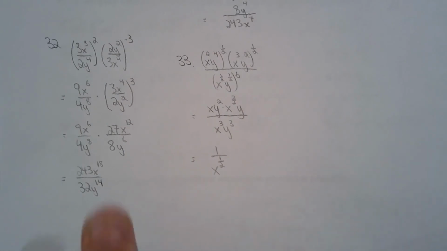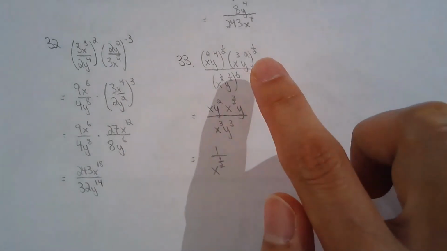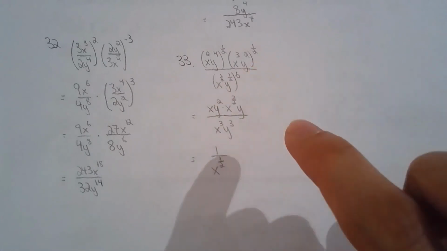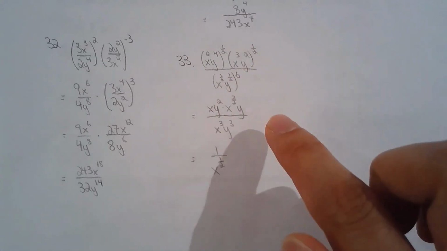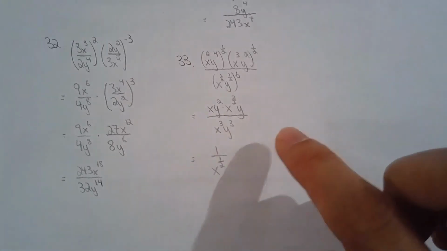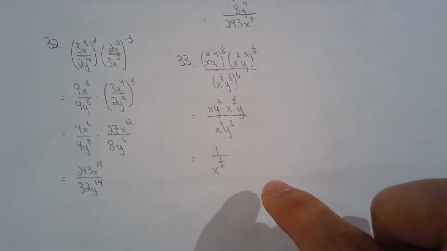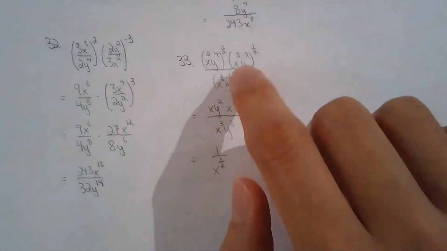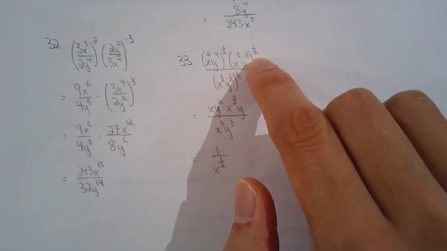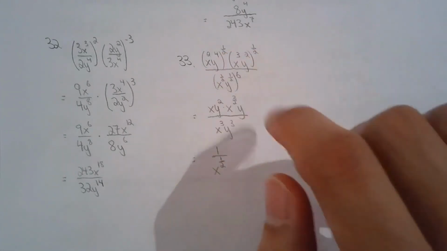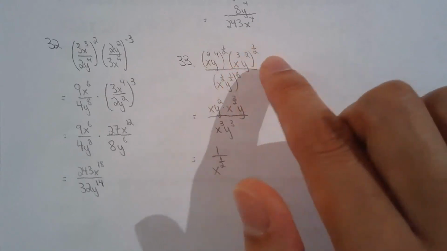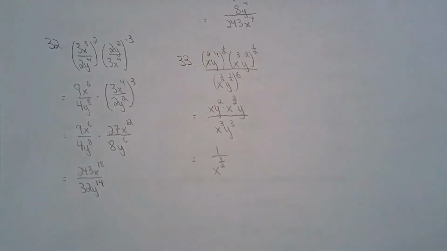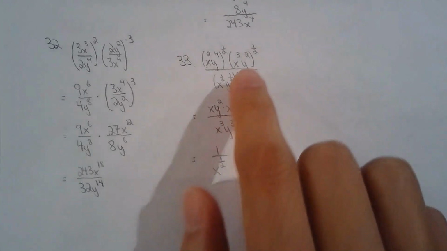Now 33, of all the questions, I would argue is the most interesting to me, because you can make the argument that you can't do this question, because you've never seen a rational exponent in the grade 9 and grade 10 textbook. This is an exponent of 1/2.